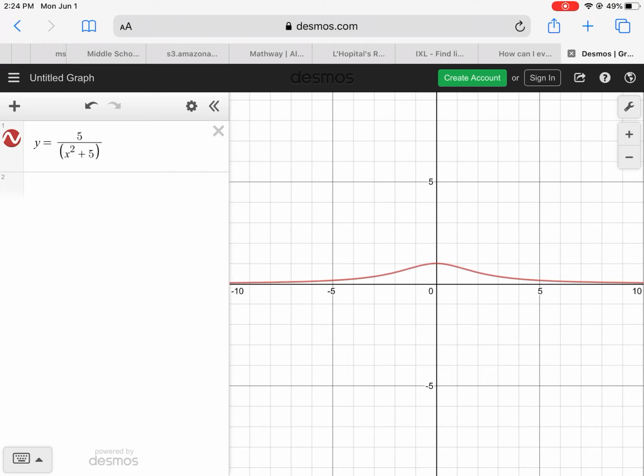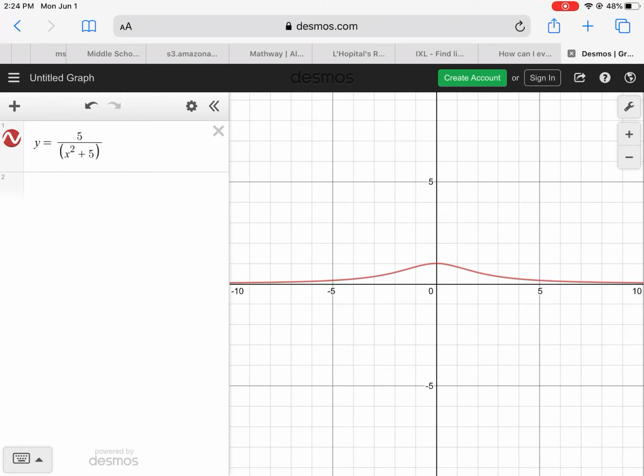Cute, isn't it? It looks like it's got an asymptote along the x-axis, and that makes sense if I remember my rules. The numerator degree is less than the denominator degree, so y equals 0 is an asymptote. It's just that little bump in the middle, and then it keeps going and going. Notice it crosses the y-axis at 1. That's what my sketch would look like.